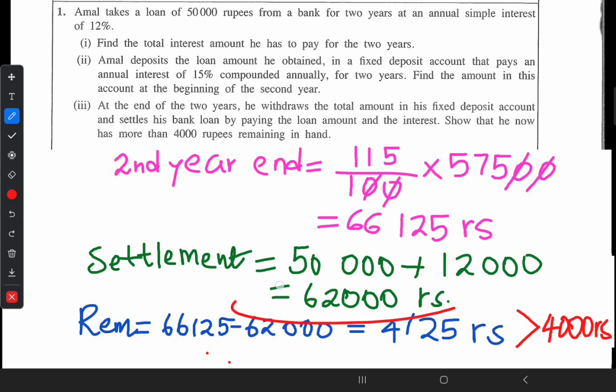From that, after settlement, he has totally 4,125 rupees, which is greater than 4,000 rupees. So finally in your answer you should denote that after settling the loan amount, the amount he has is 4,125 rupees, which is greater than 4,000 rupees. Likewise, you can write your answer.